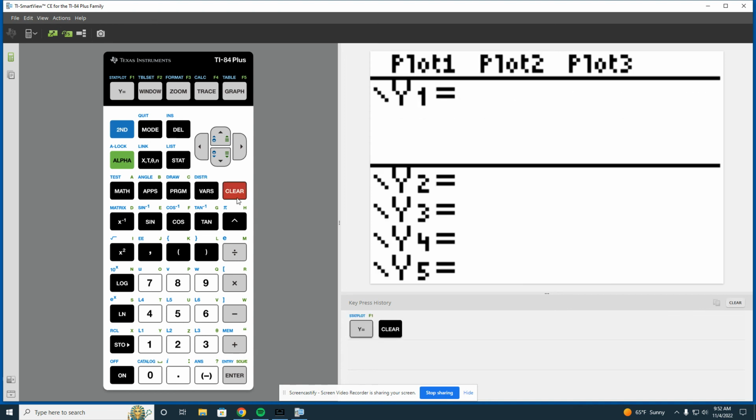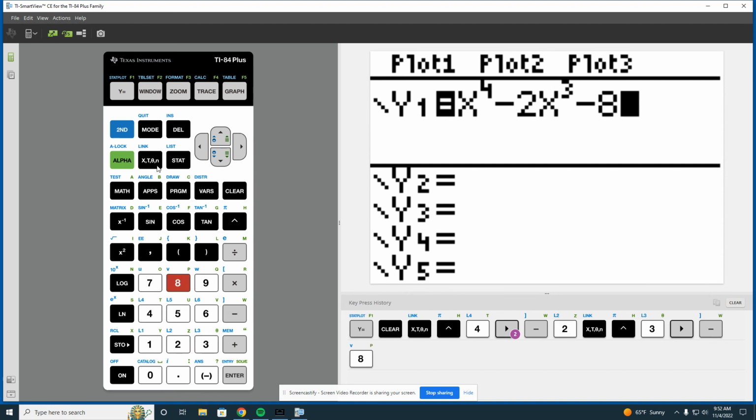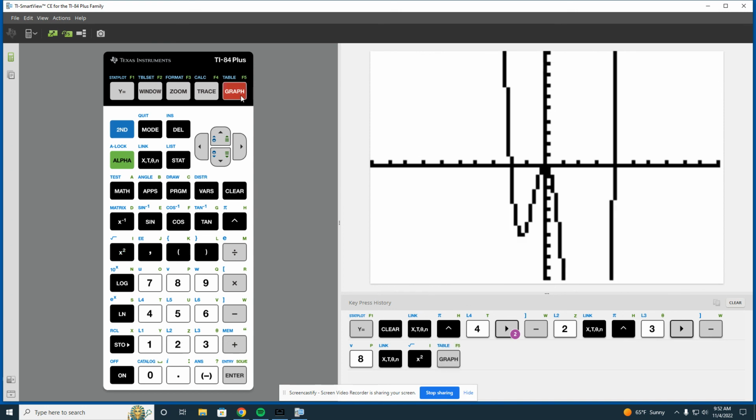Graph the original equation. X to the 4th minus 2x to the 3rd minus 8x squared. And I'm going to graph it.